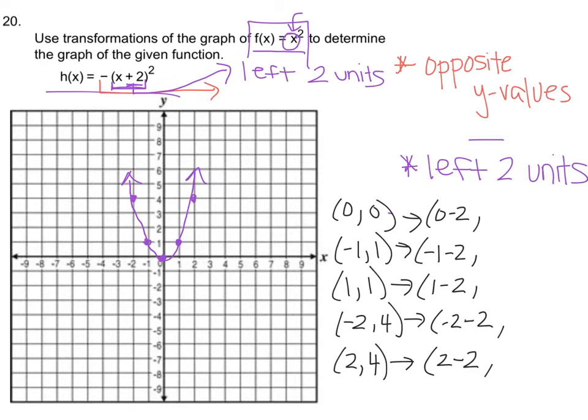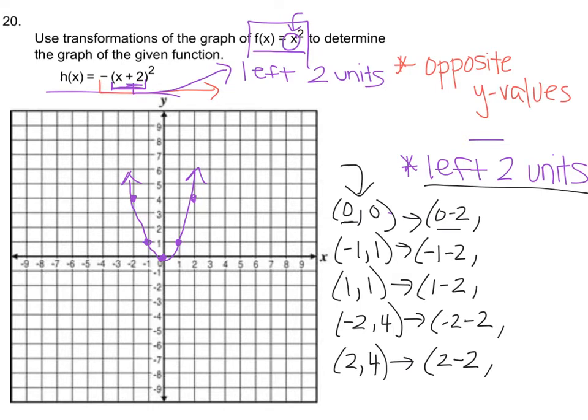Okay, so here I wrote down all of the ordered pairs that are in my original parabola. Then I started writing my new x values. We said that we're going to move left 2 units, so that means I'm going to subtract 2 from the x value of my original ordered pair. So in each x value position, I just took my original x value and then subtracted 2 from it.